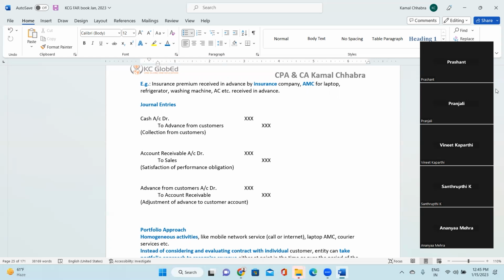Will you recognize the revenue on 1st January itself, or will you recognize advance from customer on 1st January when you receive $12,000?